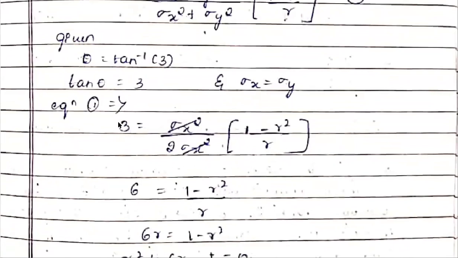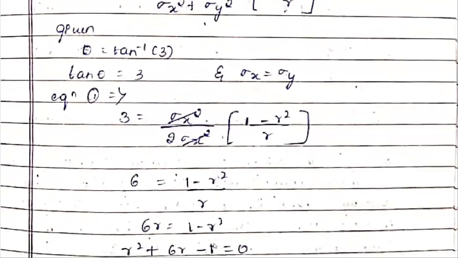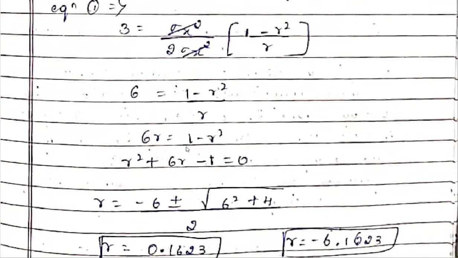Just shift it to the left side, becomes 2r into 3, which is 6r is equal to 1 minus r square. So we got the equation. If you observe, it's a quadratic equation. You can rearrange it. Shift all the terms to the left side. So minus r square will become plus r square, plus 6r, and 1 becomes minus 1 equals 0.